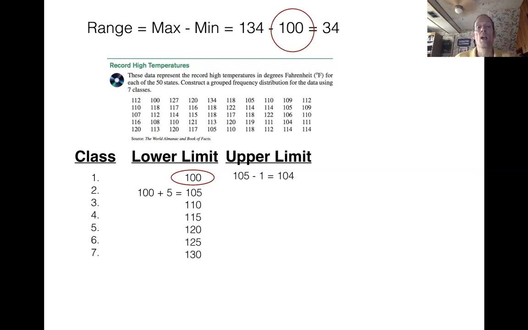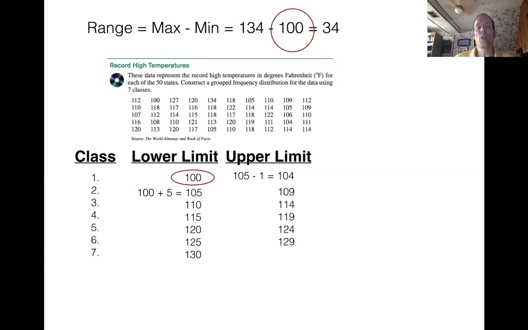So now that I have my upper limit set at 104 degrees, I'm going to pencil in all the remaining upper limits for the other classes by taking the same procedure. For example, for class 2, I got 109 degrees by taking the lower limit of class 3, which was 110, and subtracting 1 from it.